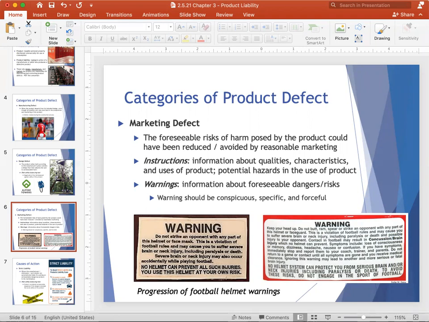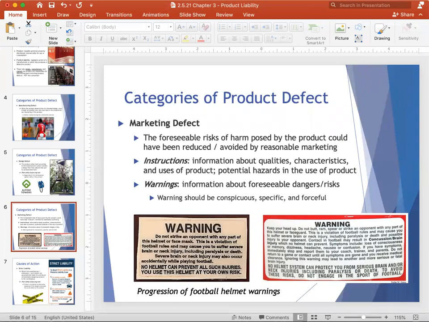Now, back in the 1970s, they required a warning to be on all helmets. However, this warning was placed inside the helmet. So when it comes to conspicuous, meaning that people can see it, not very effective. But in 1983, the association required the warning to appear on the outside of the helmet, so becoming more conspicuous.